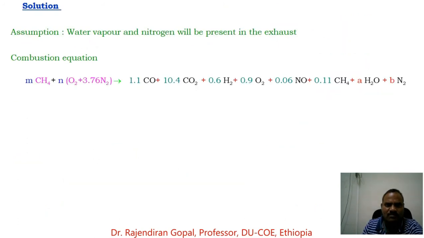Now assume that water vapor and nitrogen will be present in the exhaust. The combustion equation becomes: methane reacts with air to produce 1.1 percent of CO, 10.4 percent of CO2, 0.6 percent of H2, 0.9 percent of O2, then 0.06 NO and 0.11 CH4, and A amount of H2O and B amount of N2, assuming M CH4 plus N O2 plus 3.76 N2.